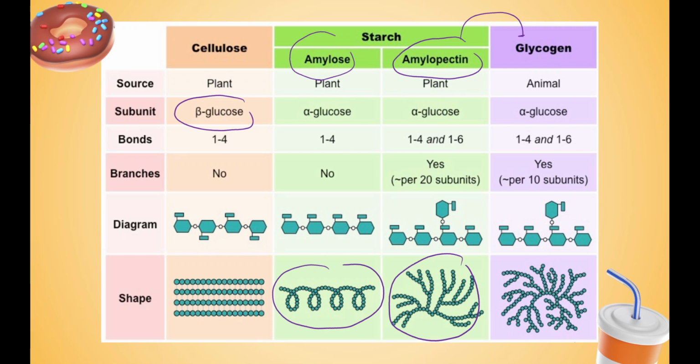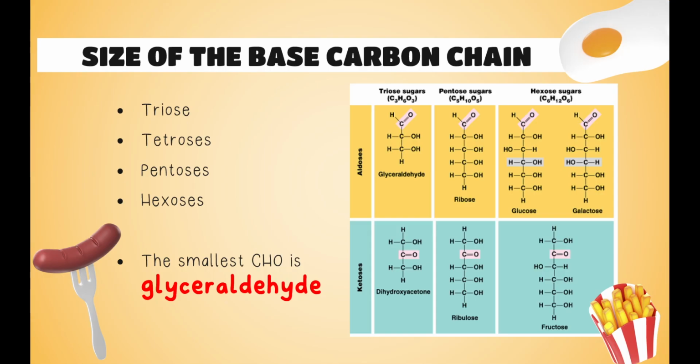Well, in terms of branching, if you look at the structure of glycogen, it is more highly branched. And if you look at how these branches are made, this is also where they differ, in which the branching of amylopectin is per 20 subunits, while the branching of glycogen is per 10 subunits. So those are the different types or examples of your polysaccharides.